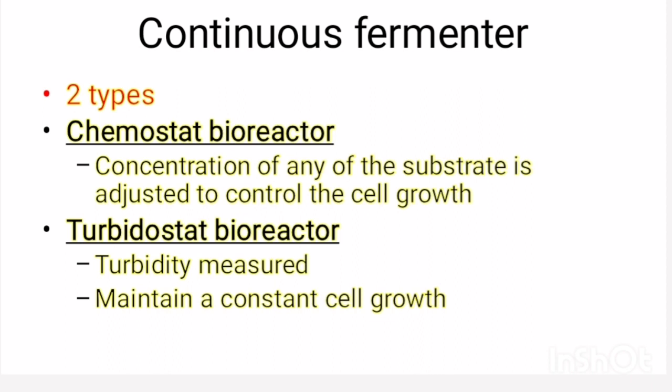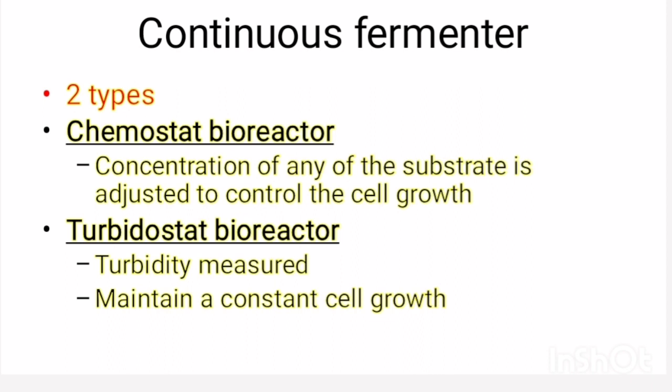Continuous fermenters, or continuous bioreactors, are of two types: chemostat bioreactor and turbidostat bioreactor. Chemostat means substrate concentration is kept constant. The concentration of the substrate is adjusted to control the cell growth and maintain a steady state. The second type, turbidostat, means biomass concentration is kept constant.